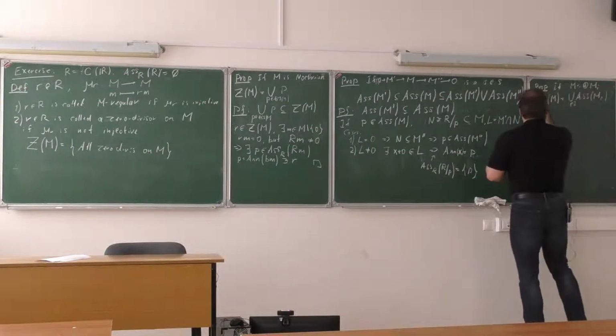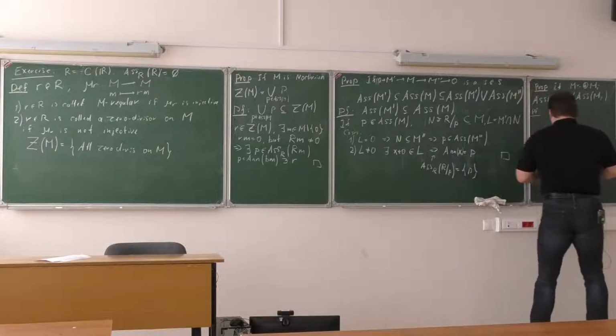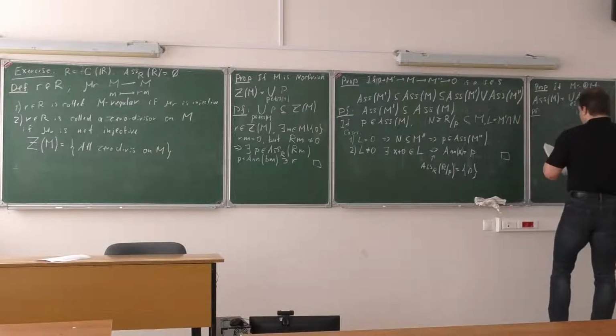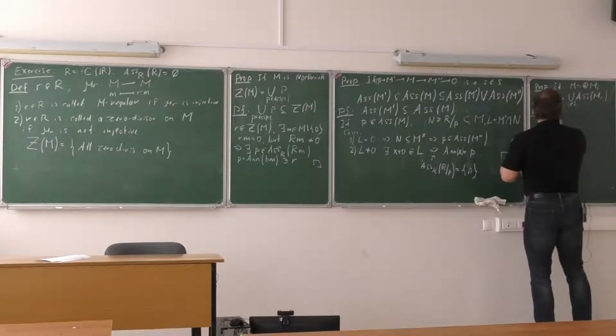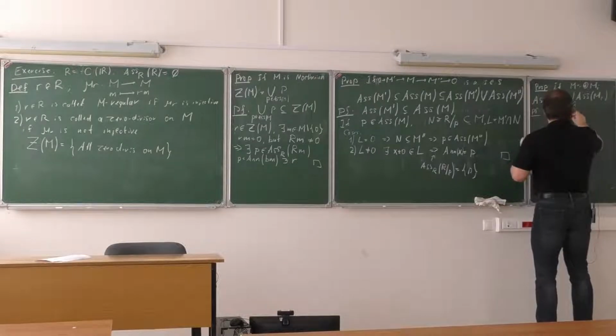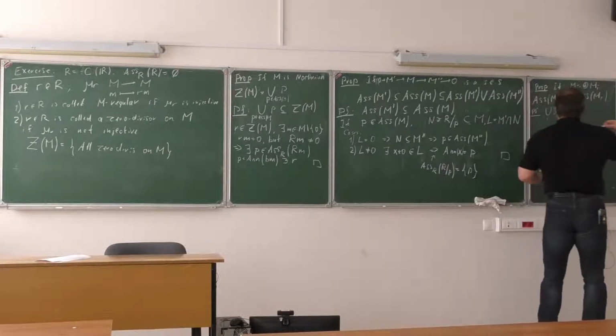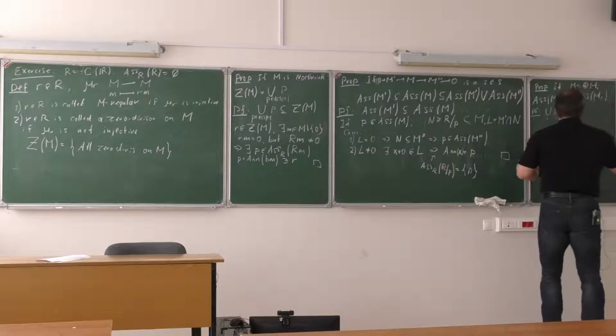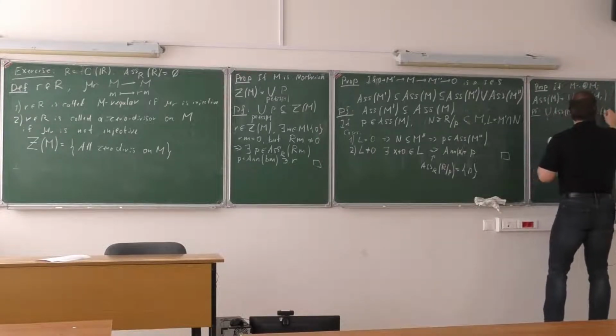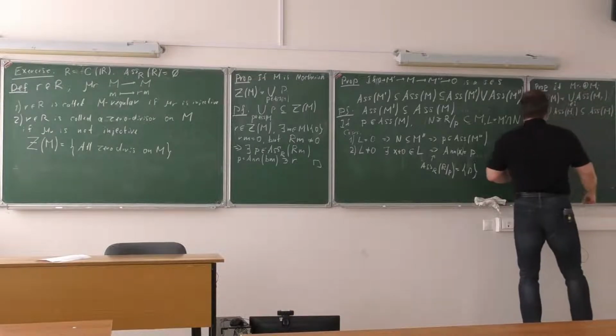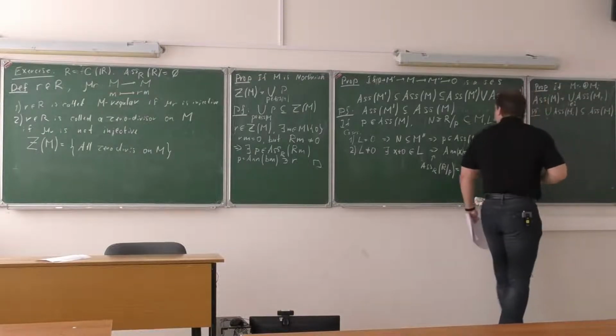Okay, so again, something is clear. I claim that if you take the union of the associated primes of all such modules, then this belongs to the associated primes of the module M. So this is clear.